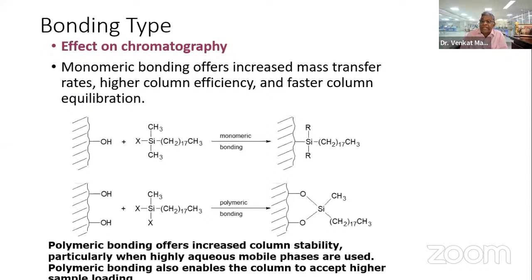If the impurity is less than 0.1% or its chromophore is not the same as that of the API, I want to inject a larger amount of sample whether the impurity is present or not. Polymeric bonded phase columns are very effective for us. Therefore, bonding type plays an important role.